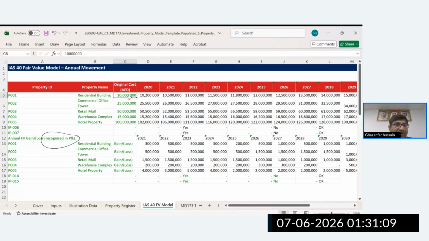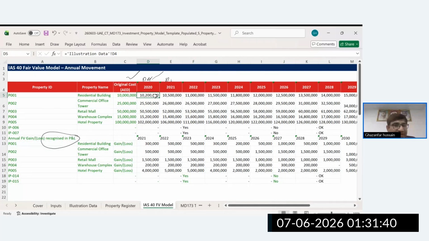Let's see the first property we purchased. For the first property, this is the original cost. All these are the closing values, December. We are assuming the same, right? So let's say the first year. The first year we have a gain of 200.